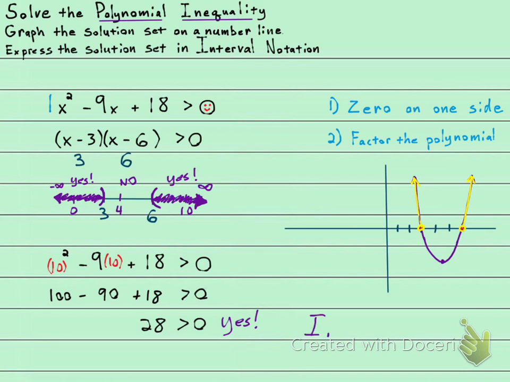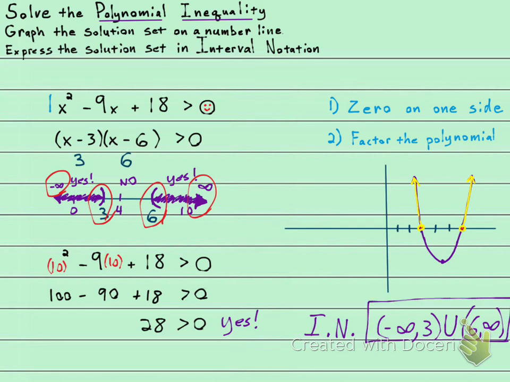So they're going to want it in interval notation, which I'm going to put right here. You can pretty much just copy down everything from the graph. So negative infinity to 3, that's one interval, in union with 6 to infinity. And that's my interval notation.